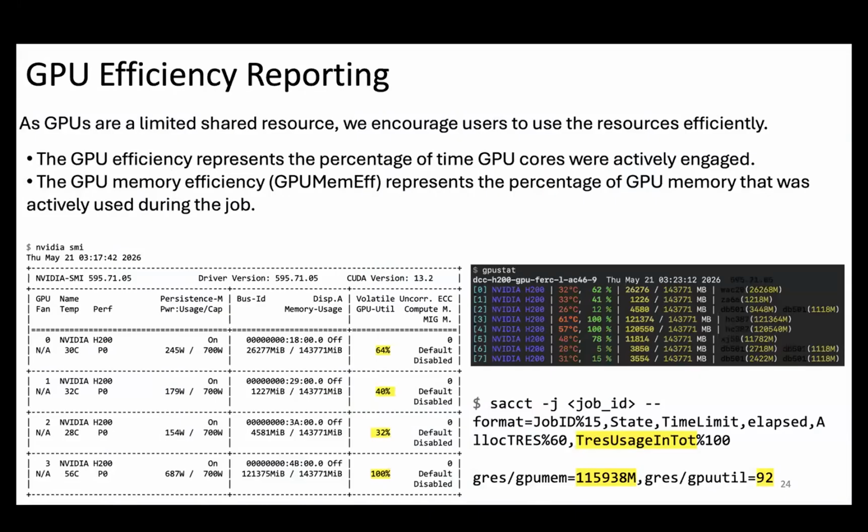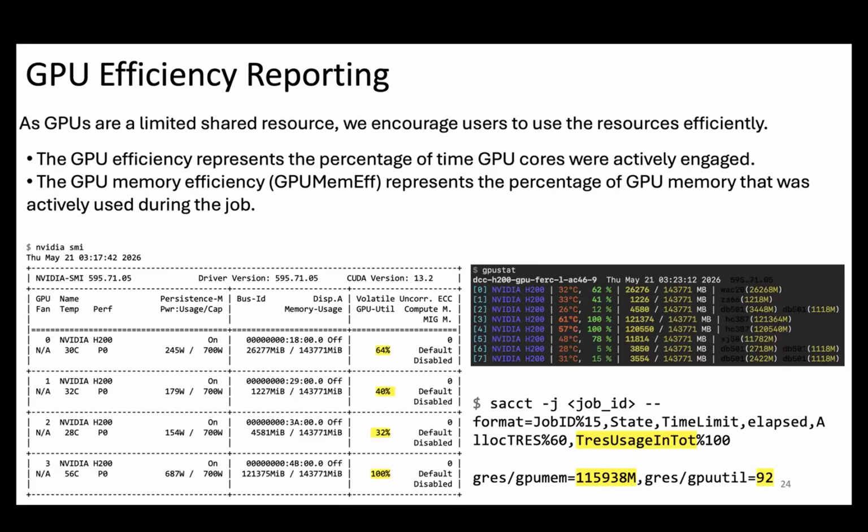All right, so cool, we have access to GPUs. Does that mean we should just run them wild? Probably not, because these are really valuable resources, so we want to make sure that we run them efficiently. When we talk about GPU efficiency, there are 2 factors we have to think about. One is the GPU core efficiency. That's an indication of how much of the CUDA cores, in terms of the NVIDIA ones, are engaged in a task.